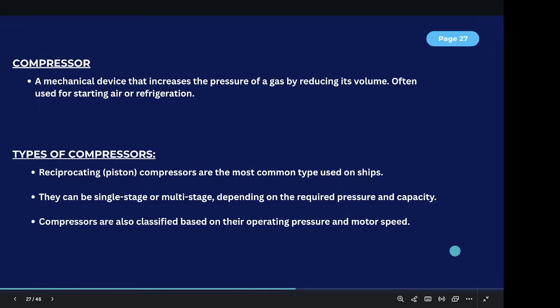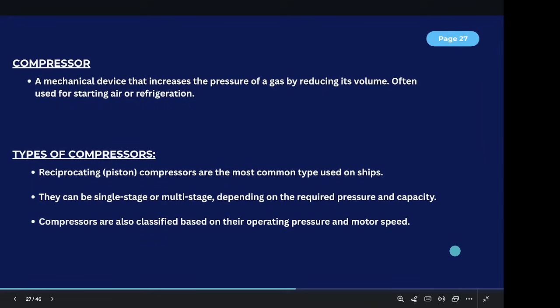So we have here what we call the types of compressors. So first is what we call the reciprocating or the piston compressors. These are the most common type used in the ship. They can also be single stage or multi-stage, depending on the required pressure and capacity.